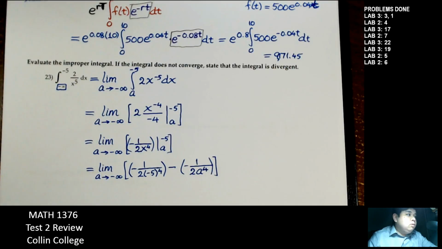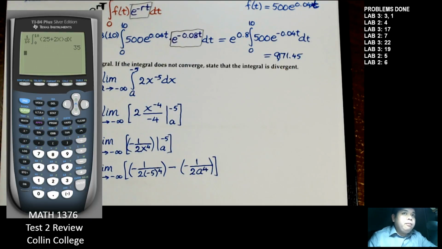So, negative 1 divided by 2 times negative 5 to the 4th power, negative or positive to the 4th power, it's the same.